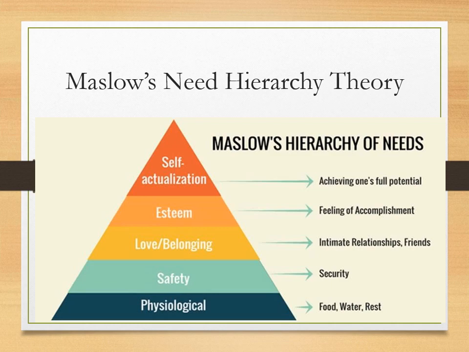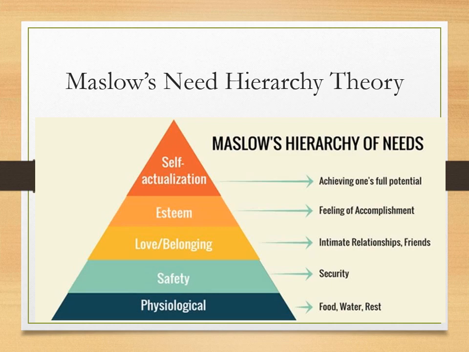So what are the features of the need hierarchy theory? First of all, this theory has a wide range of needs. These needs are structured from the lower level to the higher level in a way that lower level needs are to be satisfied first, and then the employee moves on to the next level.